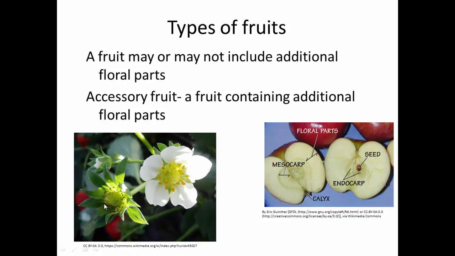So a huge part of the strawberries that you eat is actually the receptacle of the flower rather than thickened ovary walls. So both apples and pears and also strawberries are examples of accessory fruits because they contain additional floral parts. They aren't just made from the ovary wall.